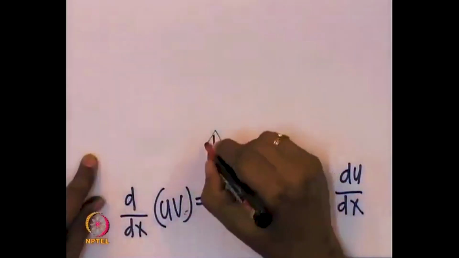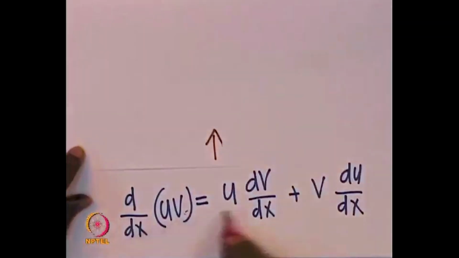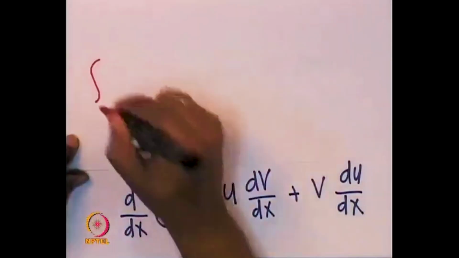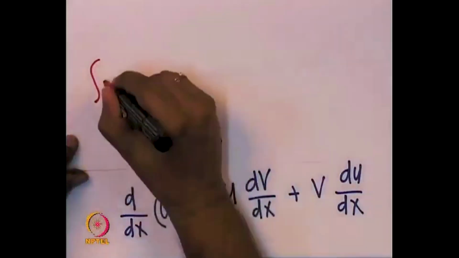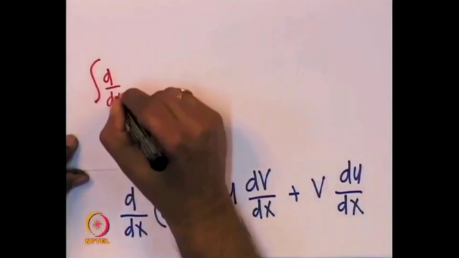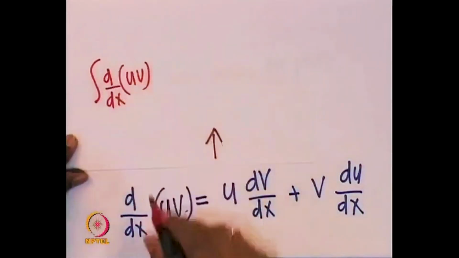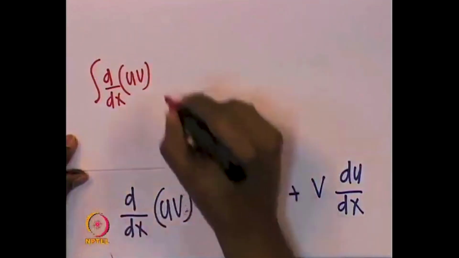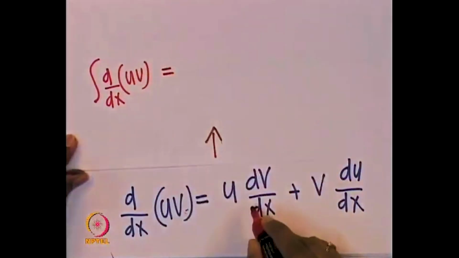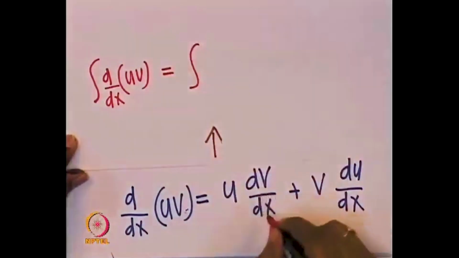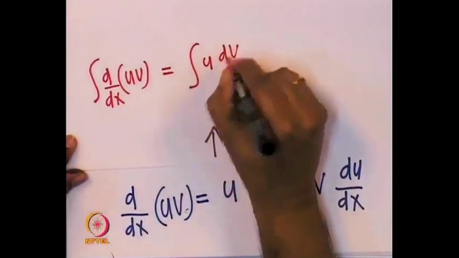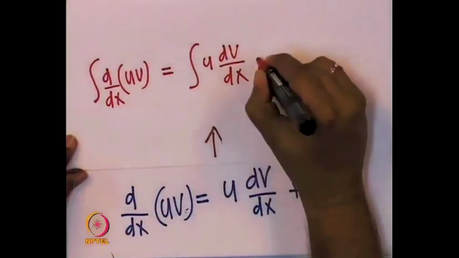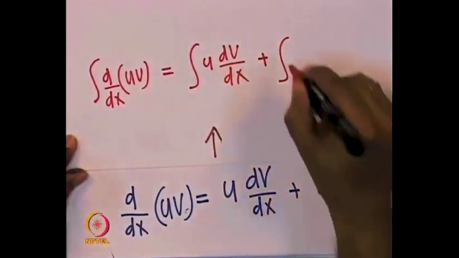So, let us write the integral of d by dx of uv. I wrote an integral here, so the integral of u dv by dx, I integrate on all sides here, plus the integral of v du by dx.